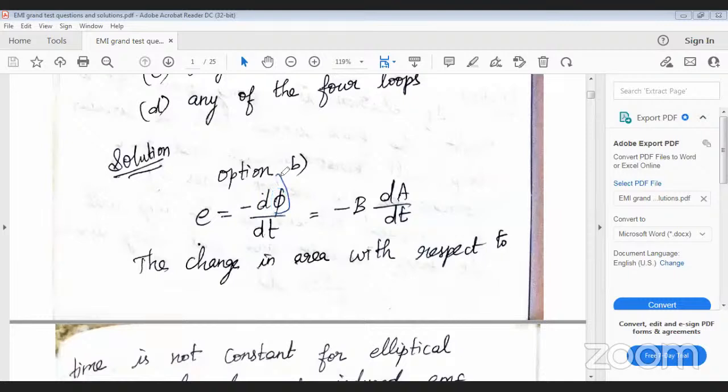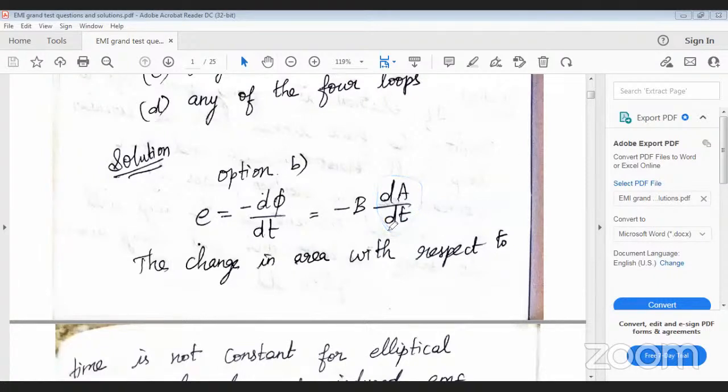Here the magnetic field is constant, so you can take the magnetic field outside the differentiation, and dA by dt is the variable, because when the loops move away from the magnetic field, the area through which the magnetic field passes changes. So that is dA by dt. So E equal to minus d phi by dt, that is equal to minus B into dA by dt. So here the area is the only variable.